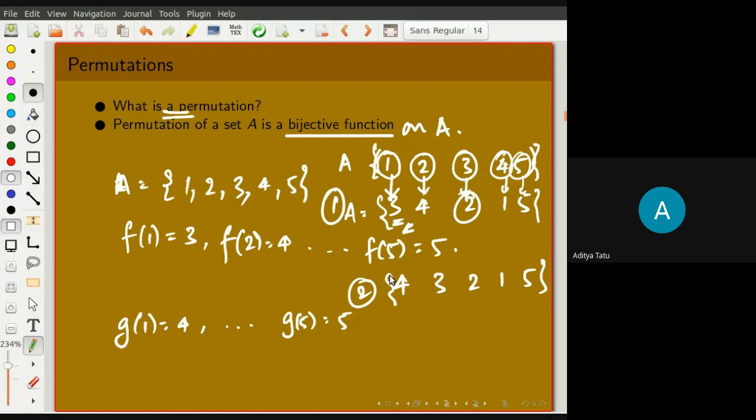The definition of a function is that for every element in the domain, there must be one and only one element.